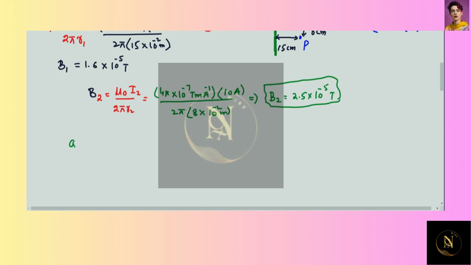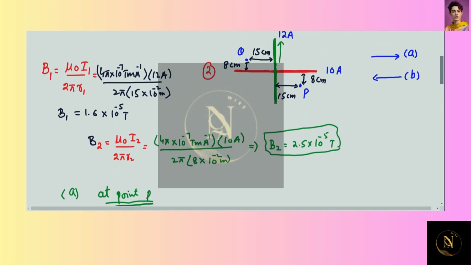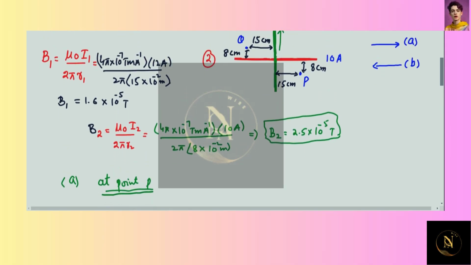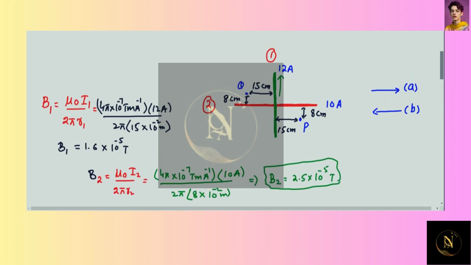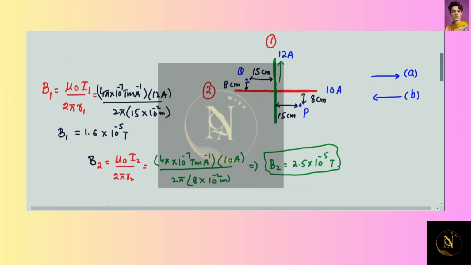First, we will take point P. At point P, we can find the direction of magnetic field produced by wire 1 and wire 2 by using right hand rule.